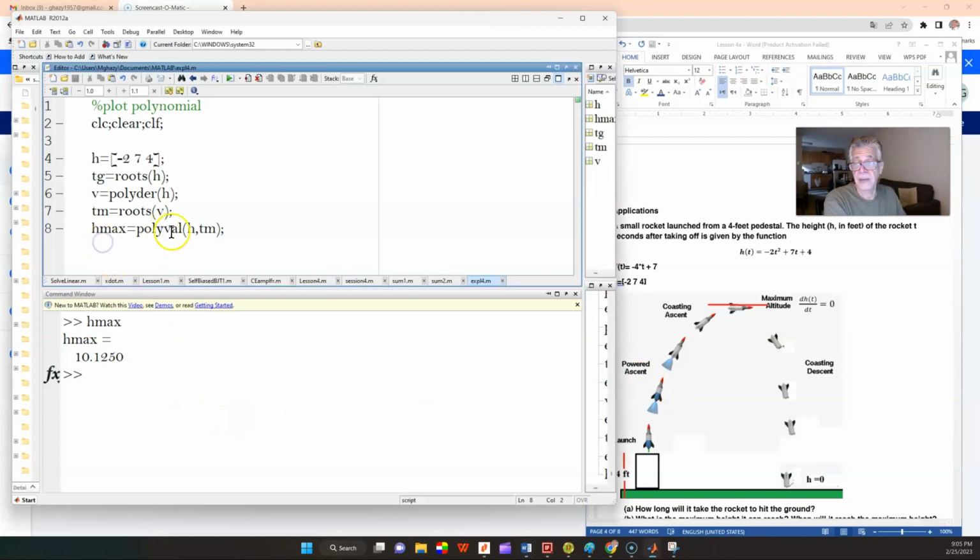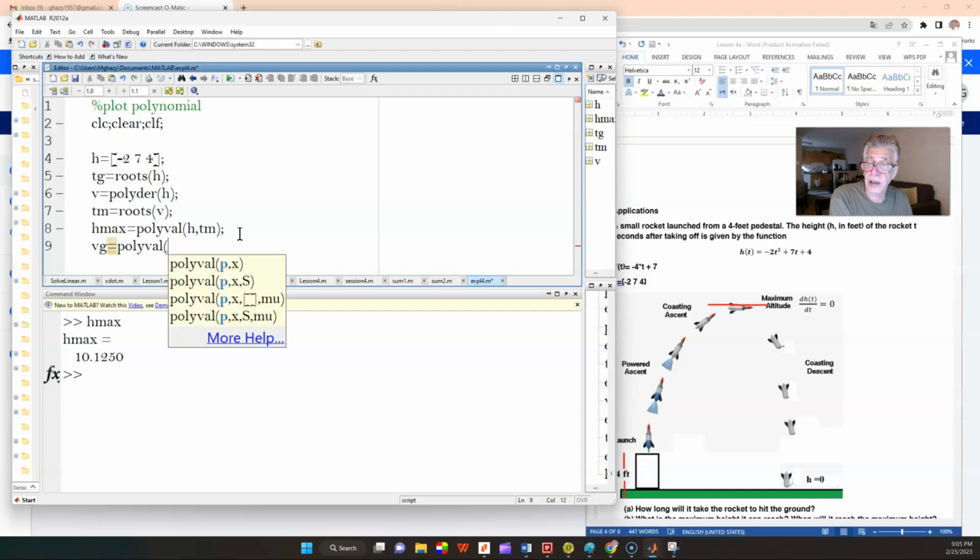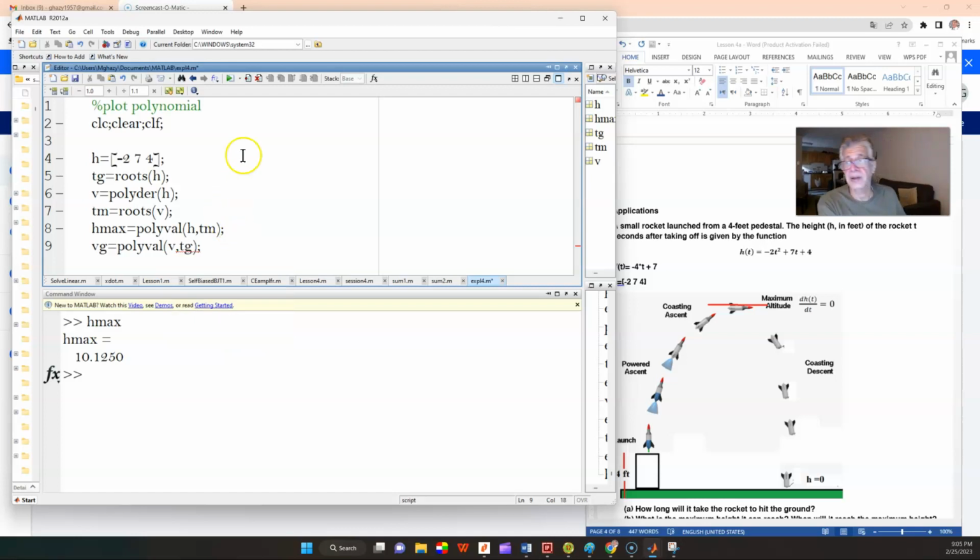So I will say the velocity when it hits the ground, vg, is equal to polyval, and now I want to evaluate which polynomial, h or v? Because I want to find the value of the velocity at the time when it hits the ground, at tg. I run the program here.